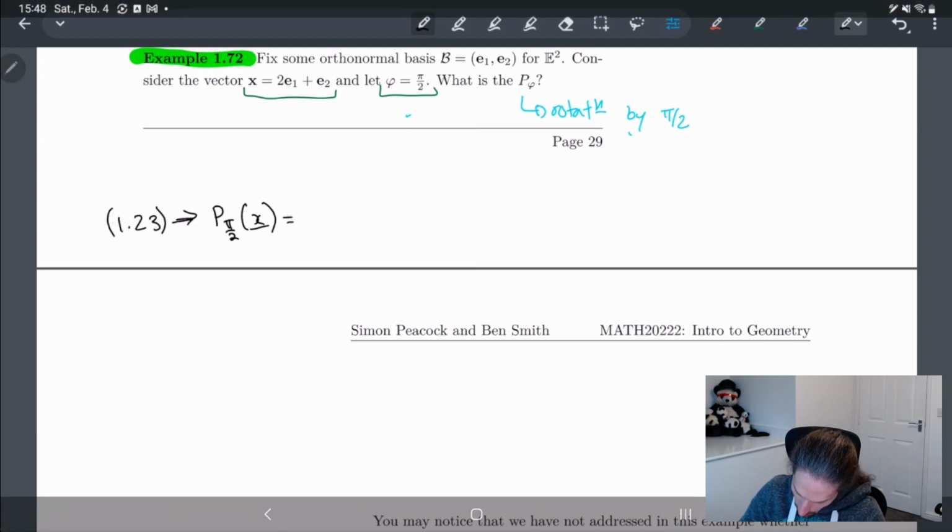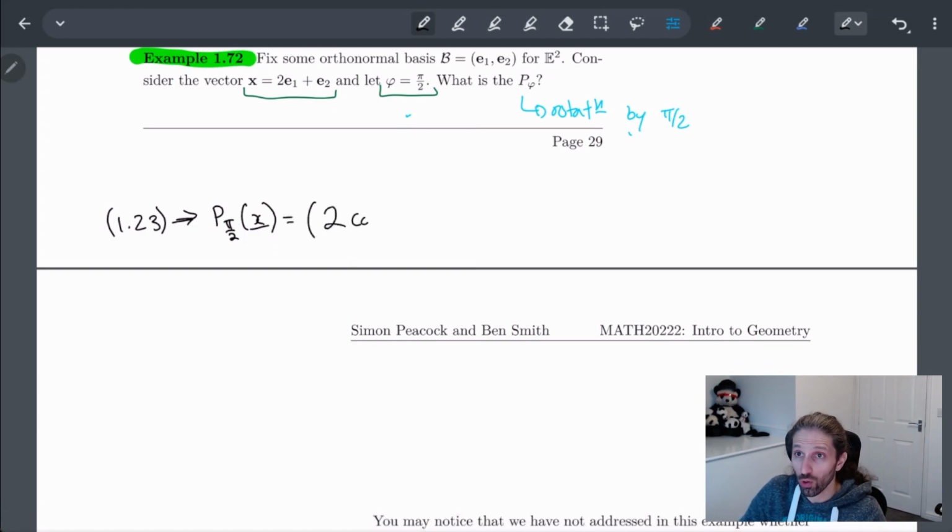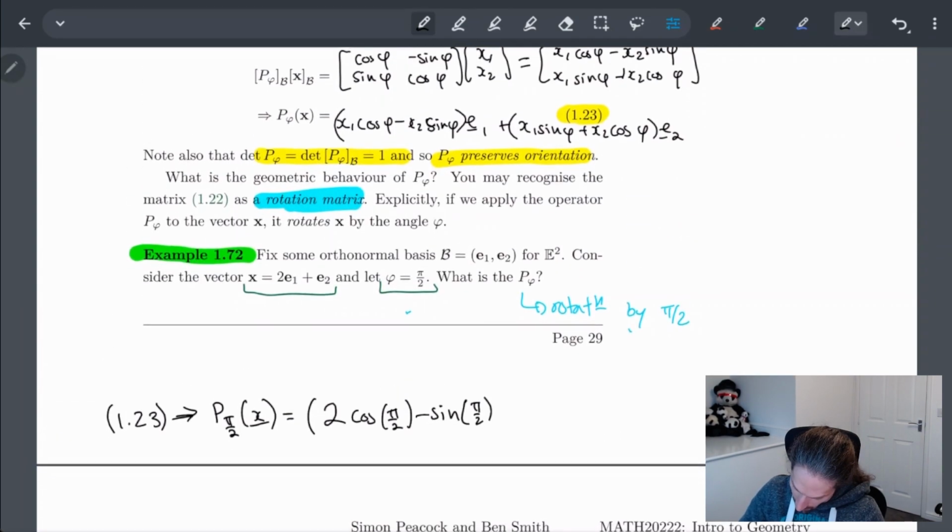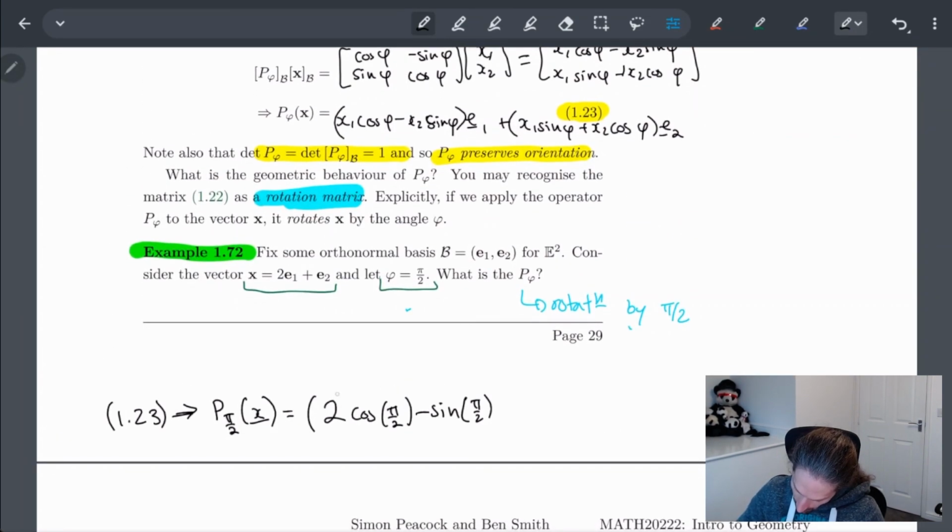This is going to be equal to 2 cosine pi over 2 minus sine of pi over 2. Let me double check, because we have x1 cosine of phi, then x2 sine of phi. x1 is 2, x2 is 1, so we're good so far.